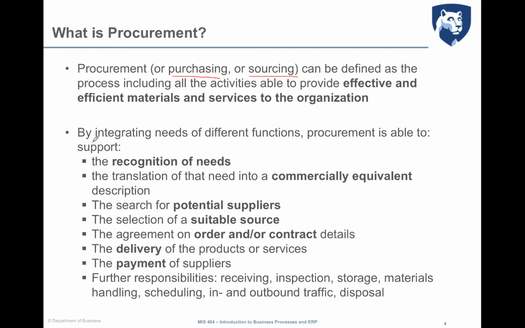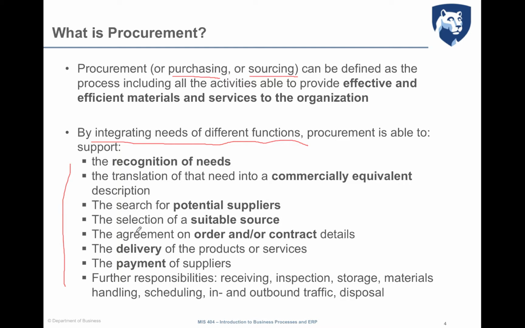Procurement integrates the needs of different functions, and these are some of the activities that procurement executes. It supports the recognition of needs by the final user, translates needs into commercially equivalent descriptions, scouts for potential suppliers, selects among them the most suitable source, and agrees order and contract details in order to bring the product or service to the company.